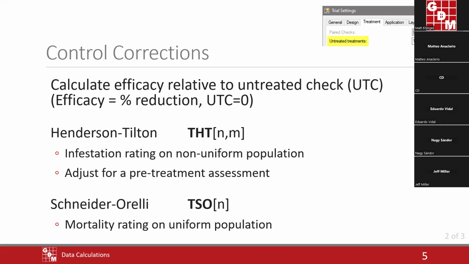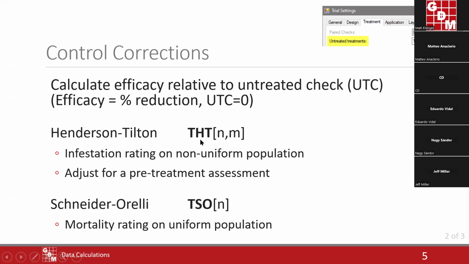And the key, especially with that one, is when you're adjusting for a pre-treatment assessment. So you go out and take an assessment before any applications are made. And that kind of is your basis. Then after the treatment's been done, we'll go out again and take an assessment, and then we can do a before and after calculation.